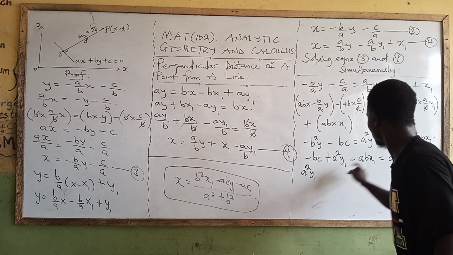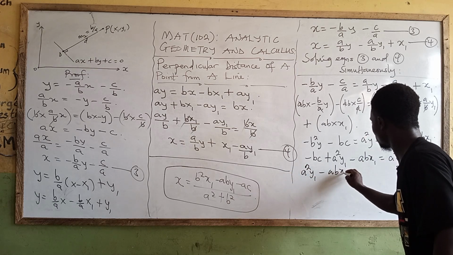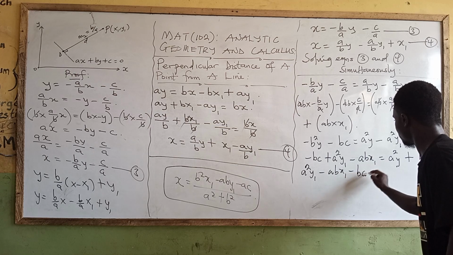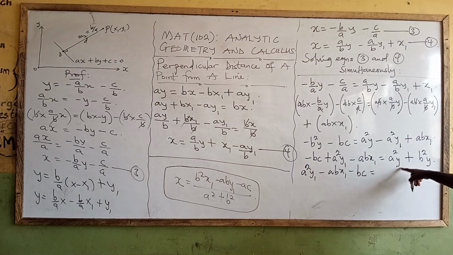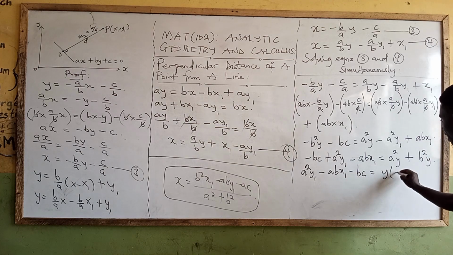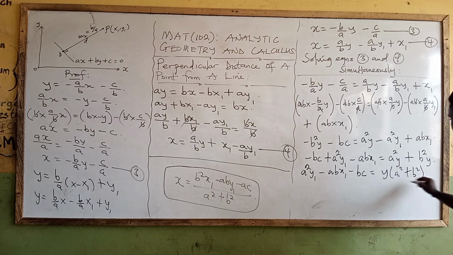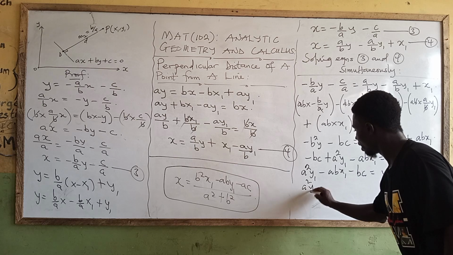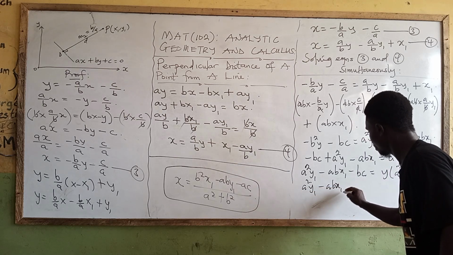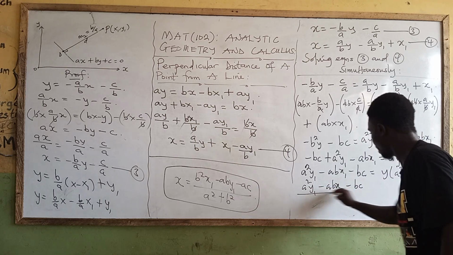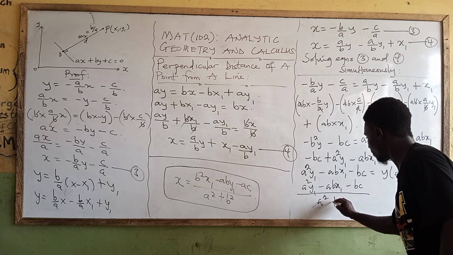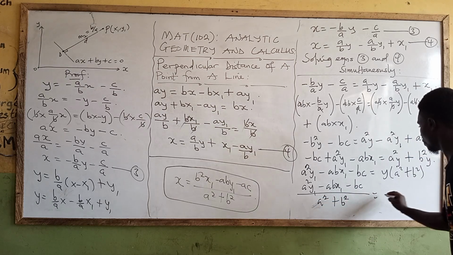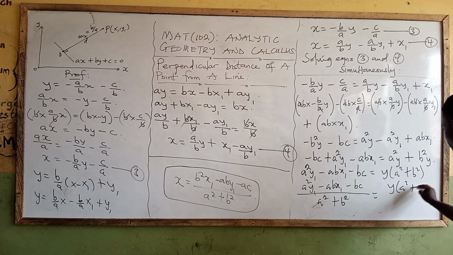So I have my a squared y1 minus abx1 minus bc equals, we can factorize y out. So y out, a squared plus b squared. Right. So let's divide this side by a squared plus b squared equals y times a squared plus b squared all over a squared plus b squared.